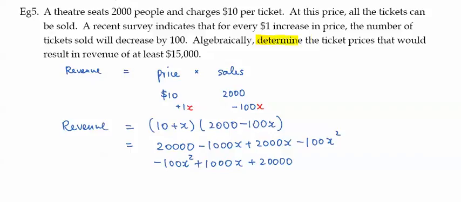Algebraically, determine the ticket price that will result in a revenue of at least 15,000. We know from the first part that this is going to give us 20,000. If you multiply the price and the sales together, it will give us 20,000. You are going to make at least 15,000 already.